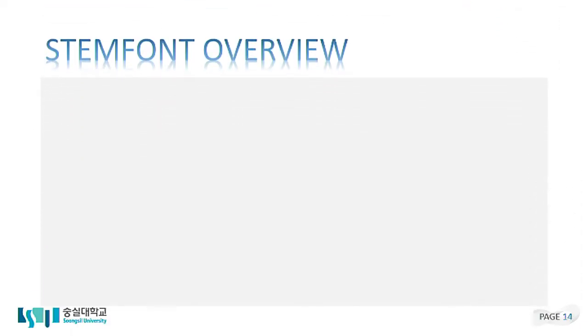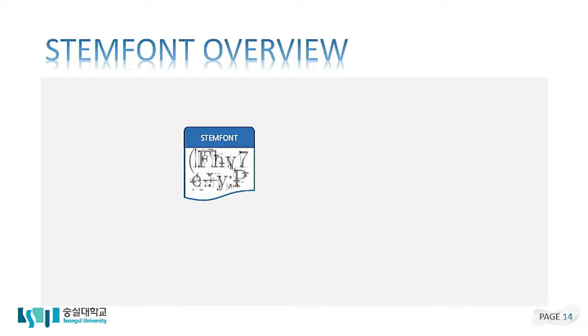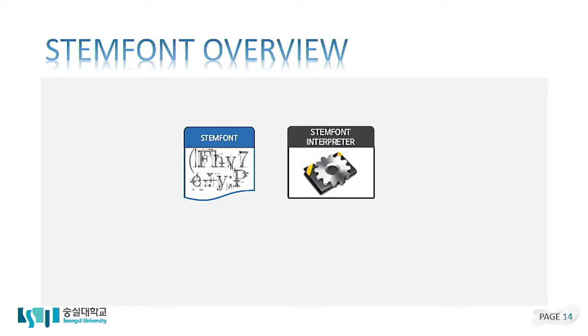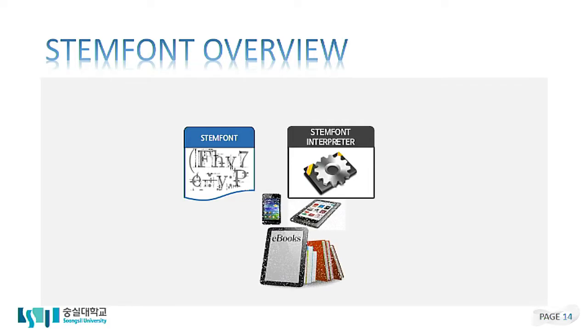So I'll show that. We define a new product called stem font from Metafont. That is an intermediate file format, and it is lightweight, and we are going to develop a lightweight interpreter based on smartphones and tablets.